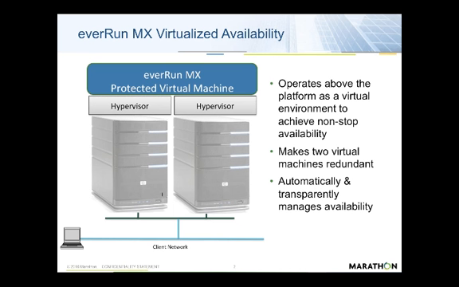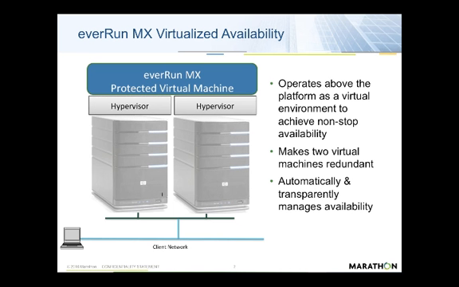Really what everRun MX does is create a protected virtual machine. It's operating above the platform and encompassing the Windows instance and the applications, essentially making them blind to any failures that may happen underneath them. Really making those two virtual machines redundant and automatically and transparently managing their availability.